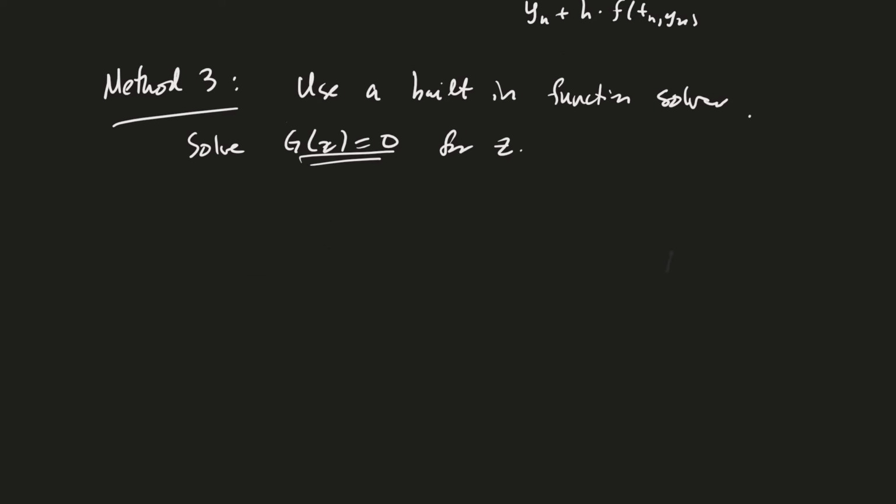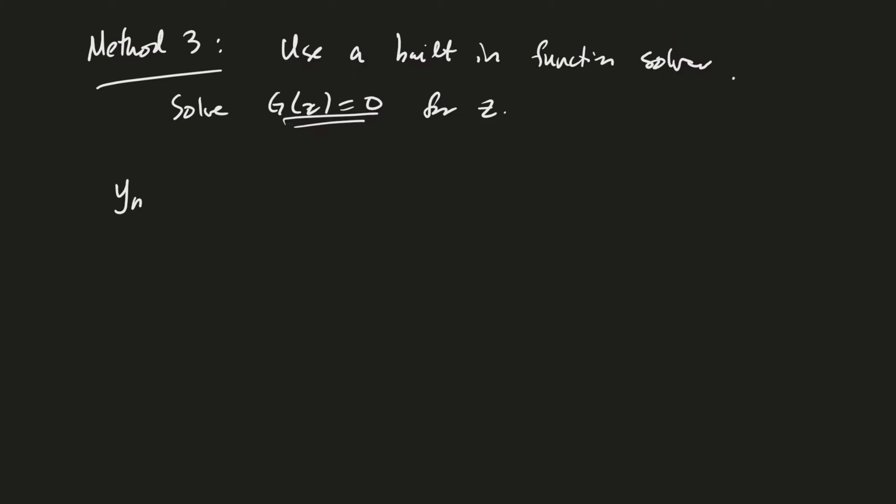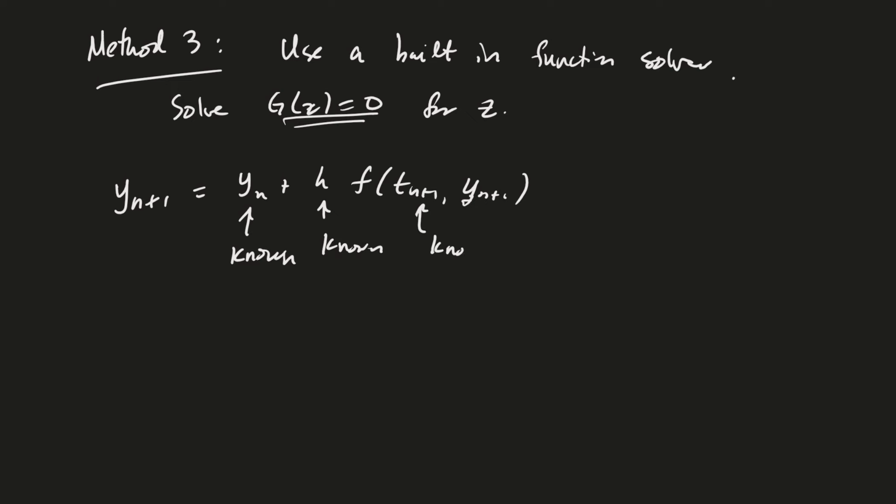So just as an example, right, if we start off with y sub n plus 1 equals y sub n plus h times f of t sub n plus 1, y sub n plus 1, then y sub n is known, h is known, t sub n plus 1 is known. The only thing that's not known is the y sub n plus 1, right? And so let's call that z.